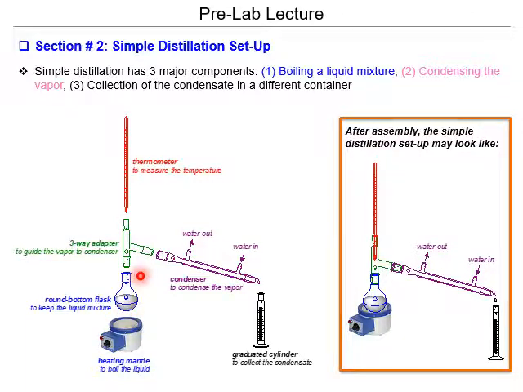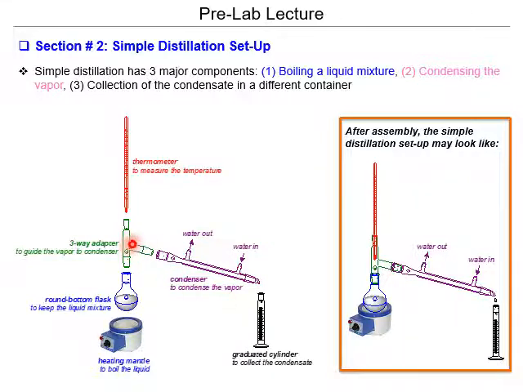The second step is condensing the vapor. Using a condenser, we have a flow of cold water. Water goes into the condenser from the bottom and goes out from the top. Here the vapor of the liquid will be condensed, and we can collect the condensate in a graduated cylinder.